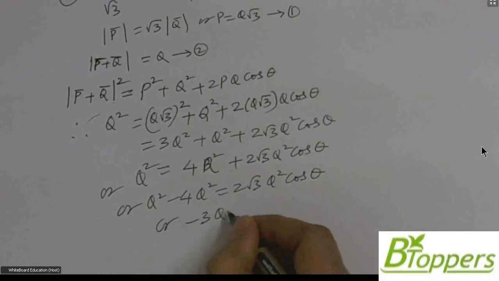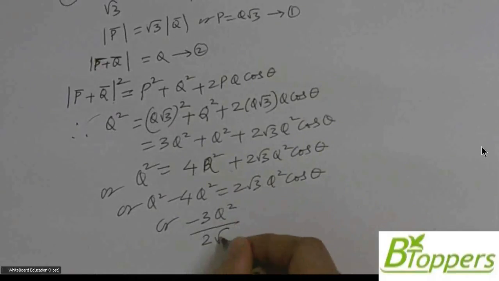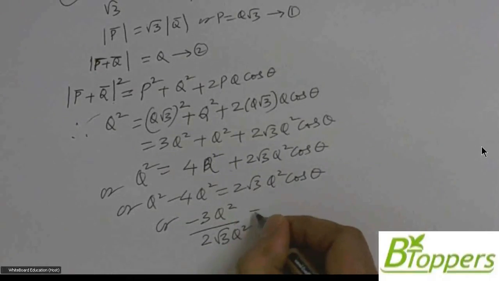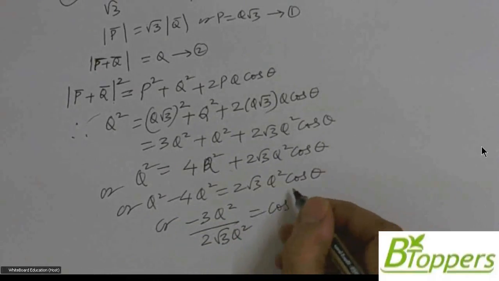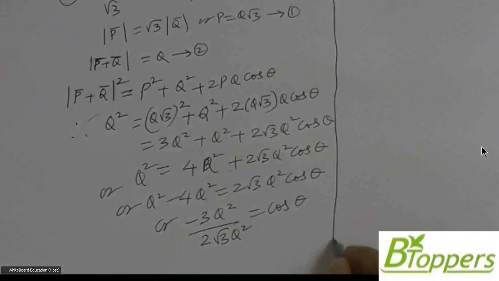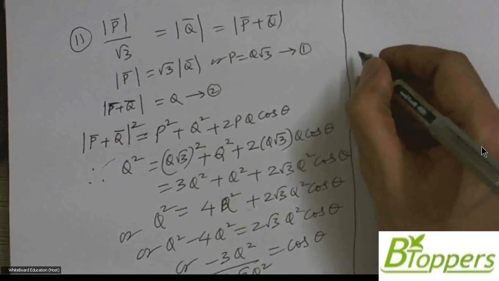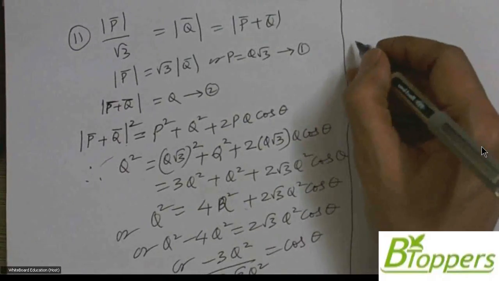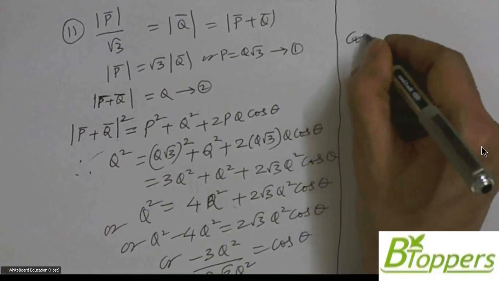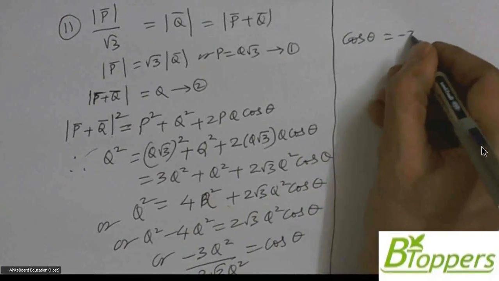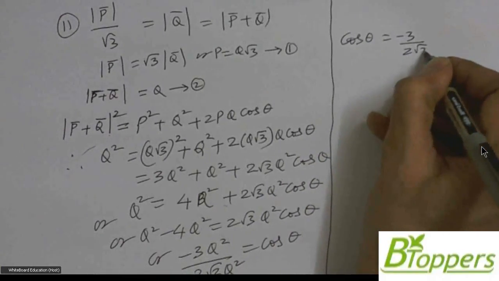Or you can write minus 3q square by 2 root 3 q square equals cos theta. So you get cos theta equal to minus 3 by 2 root 3.